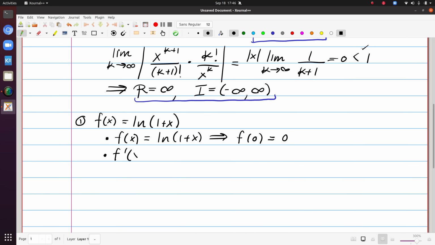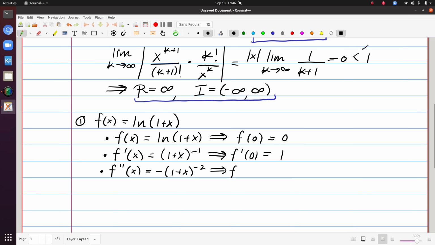Then the first derivative is 1 over 1 plus x, which I'm going to write as 1 plus x to the minus 1. Plugging in 0, I get 1. The second derivative would then be negative 1 plus x raised to the minus 2. Evaluating that at 0, we get negative 1.